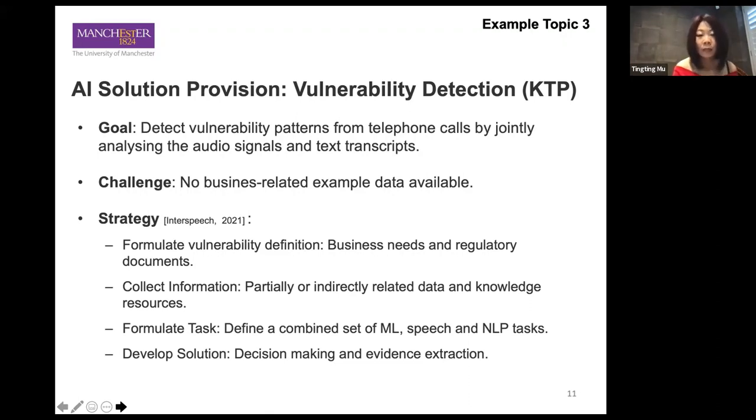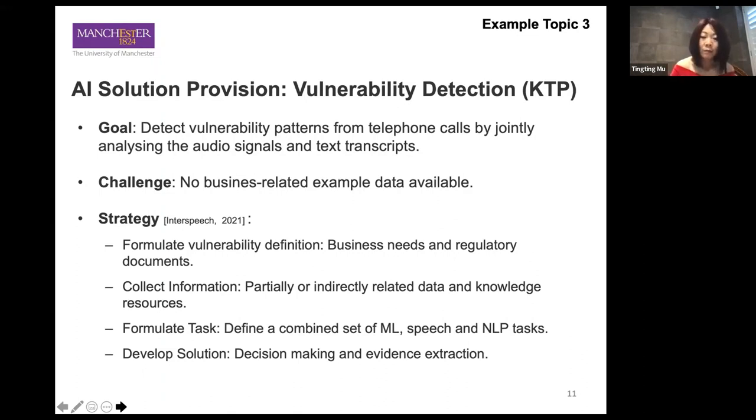Based on it, we collect information, which includes partially or indirectly related data and knowledge resources. Then based on that, we formulate a combined set of machine learning, speech recognition, and natural language processing tasks.